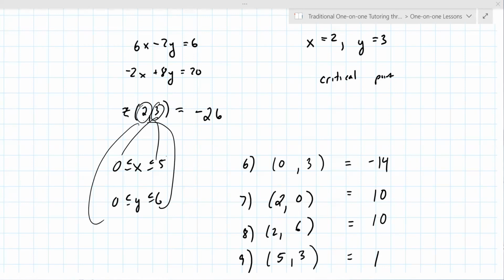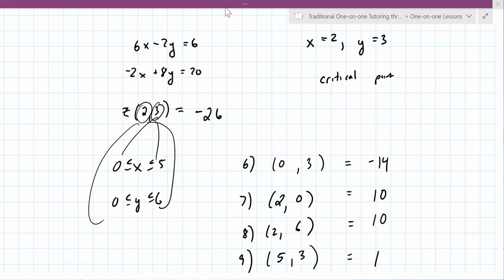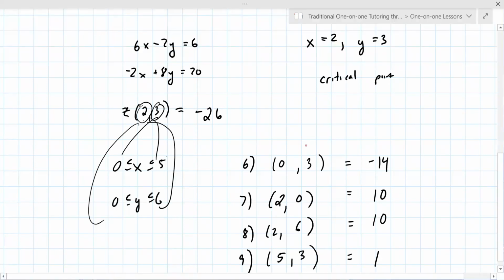Okay, wait, let me restart. Okay, so 6, it says 3 is wrong and -14 is wrong. So the right hand side will be wrong if either of these are wrong. So then for 7 and 8, 2 are wrong, and that's wrong, and that's wrong, and then 3 is wrong.